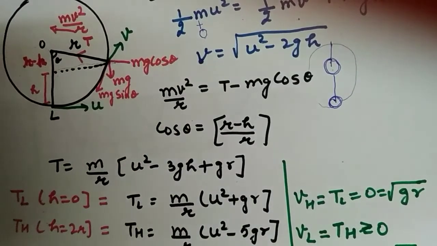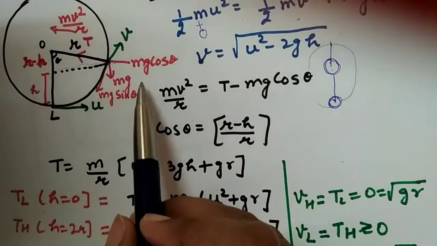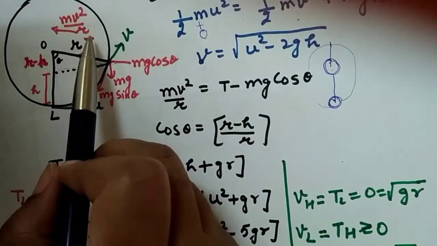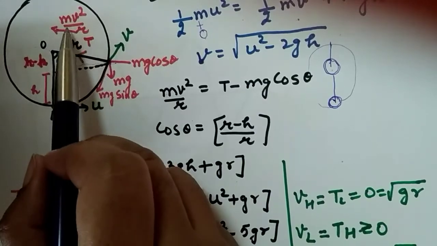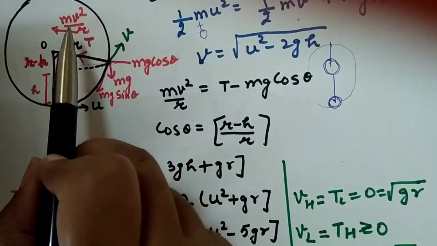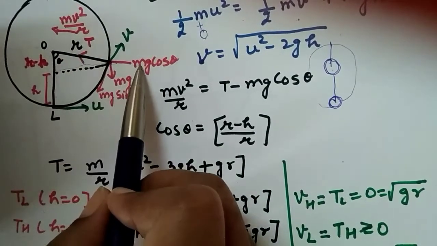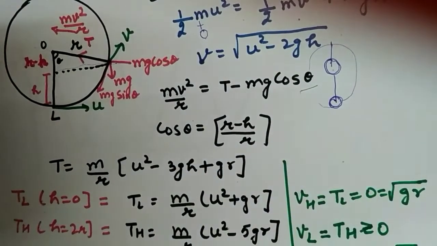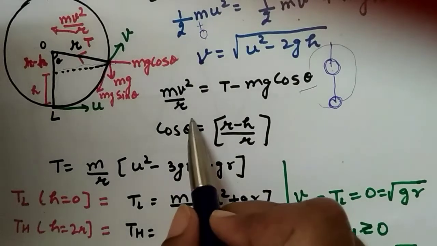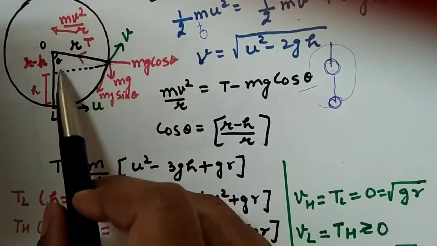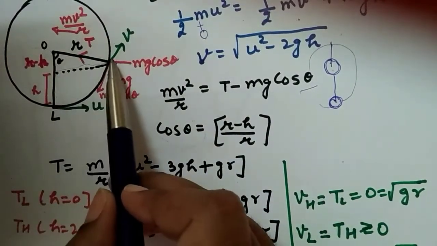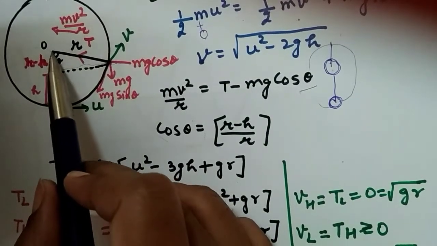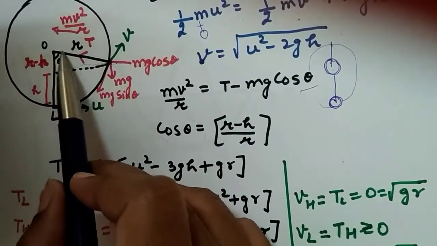Now it is extremely simple. What you have to do is write mv square upon r, and tension, both in the same direction. So mv square upon r equals T minus mg cos theta. This is actually very easy to write. After that, just calculate the value of cos theta. If you consider this right angle triangle, you can see cos theta is equal to r minus h divided by r.